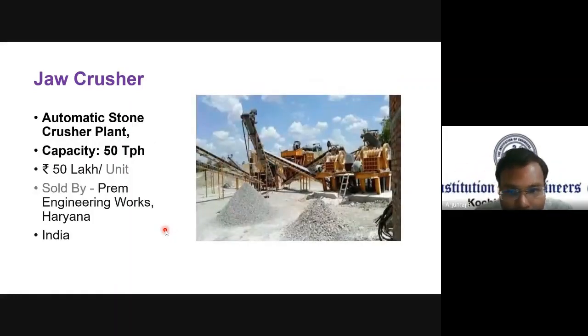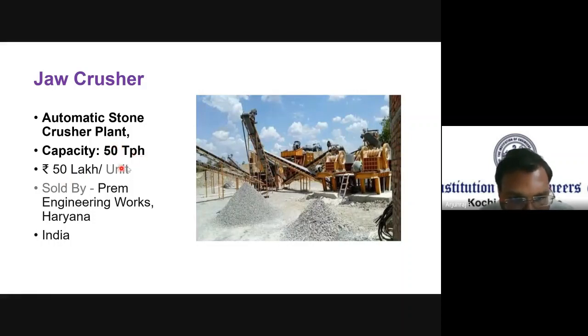You have the next one, called the cone crusher. Again, you see here, these are the stones of the required shape, forming the shape of a cone. This crusher is made by a company called Automatic Stone Crusher Plant, where you have a capacity up to 50 tph, and tph is nothing but tons per hour.